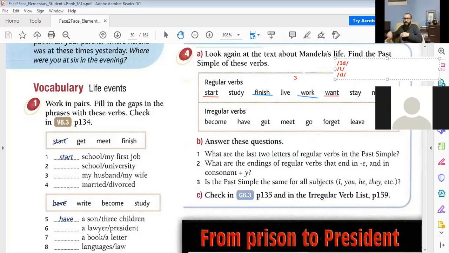These are usually the three sounds we have when we change a regular verb into the past simple. They usually have an id or a t or a d sound.